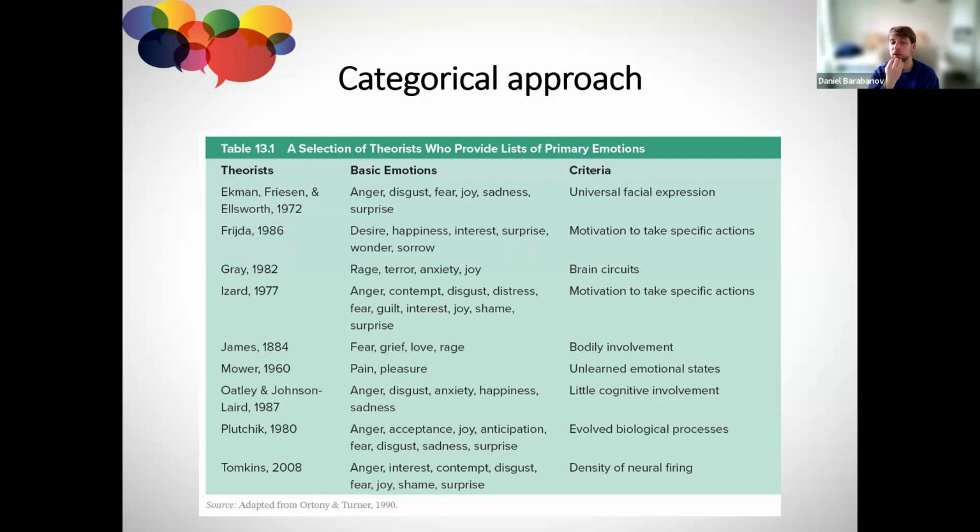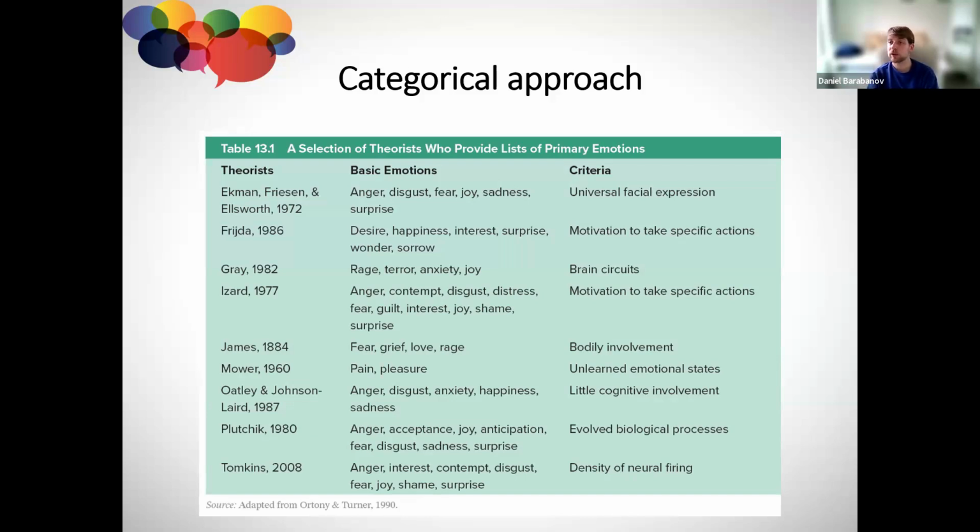Izard, for example, created his classification of 8 basic emotions based on the motivation to take specific action. It's just different criteria. Plutchik based his wheel of emotion more on the biological, physiological component of emotion, right?